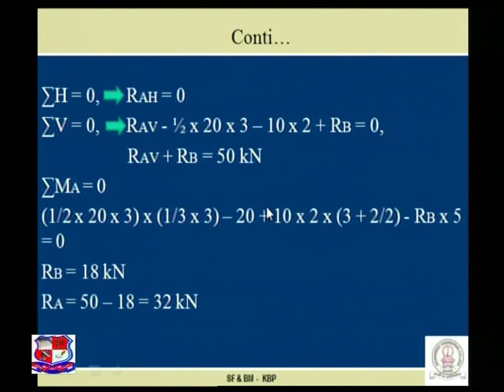This creates a clockwise moment, hence positive, while RB creates an anti-clockwise moment, hence minus RB into 5 is equal to 0. By simplifying this equation, we achieve RB as 18 kilonewton. By putting the value of RB in the earlier equation, we achieve RAV is equal to 50 minus 18 is equal to 32 kilonewton.